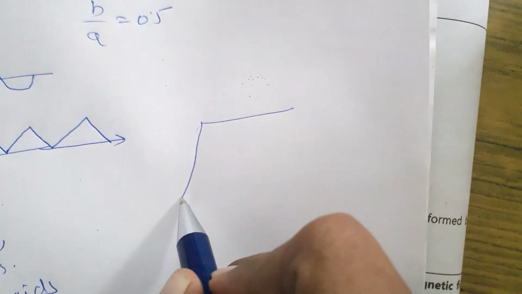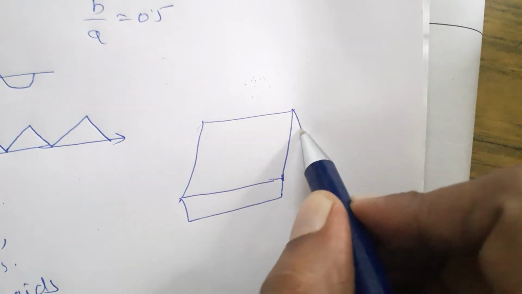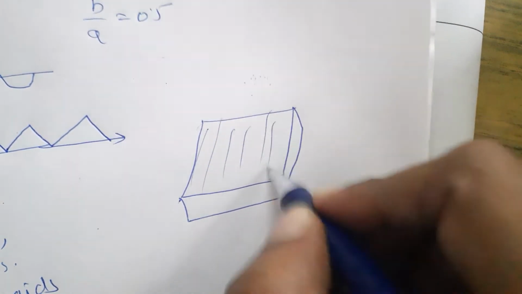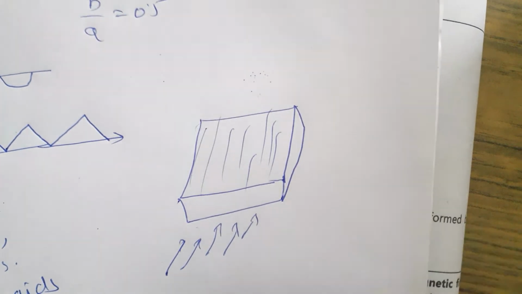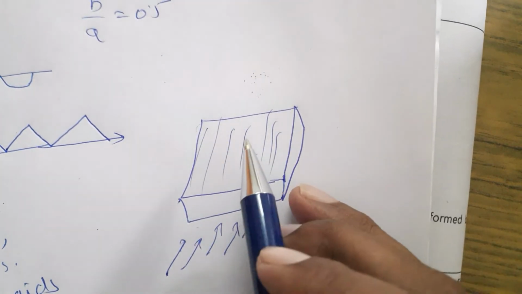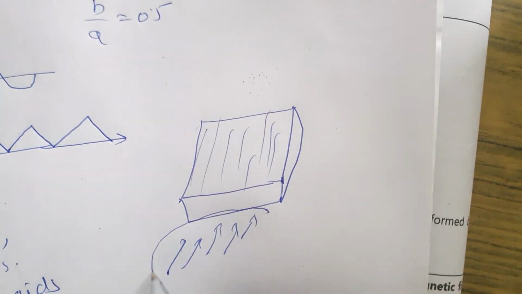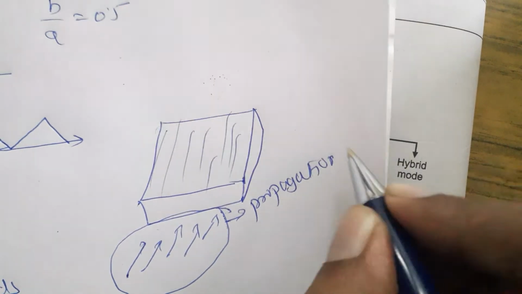Assume this is a rectangular waveguide. So this is a hollow surface. We have to pass the frequency inside these hollow tubes or hollow metal pipes. So for passing of different frequencies, we will call this one propagation, meaning the wave or frequency will be propagated.